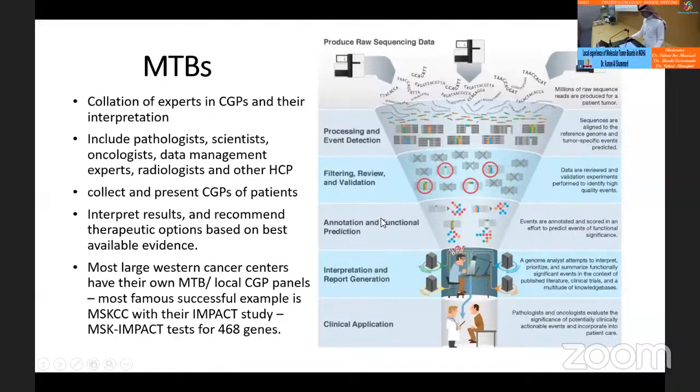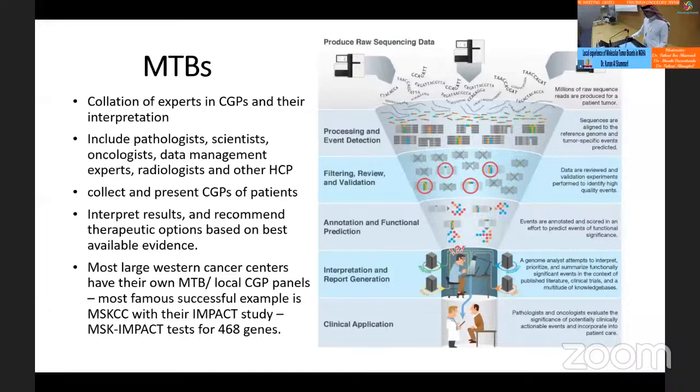Then this piece of information gets given to a genomicist who has expertise in interpreting these complex reports, and then they would produce the genomic report. And then all of this information is put on a report to the treating physician, where they need to think about how to clinically apply this piece of information.